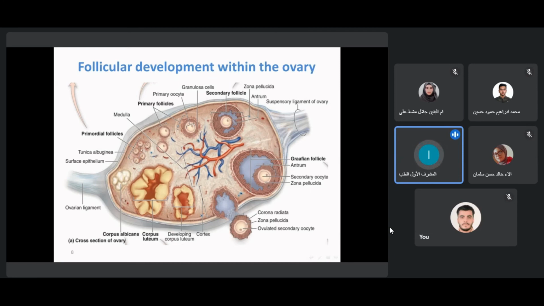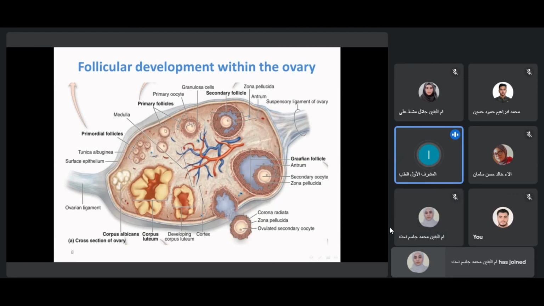Under hormonal stimulation, the FSH hormone, or follicle stimulating hormone, released from the anterior pituitary gland, stimulates those follicles to grow and develop until they form the mature follicle that releases the oocyte from the ovary, and this process is called ovulation.